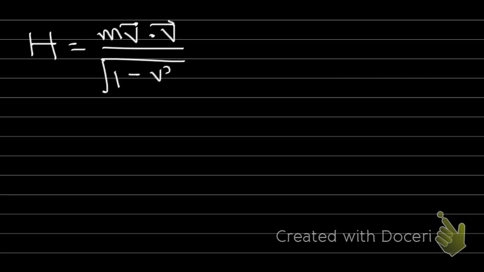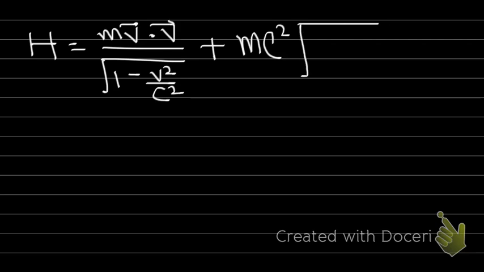The Hamiltonian is now written as mv dot v, which are vectors, over the root of 1 minus v squared over c squared, and the Lagrangian was negative mc squared times the root of 1 minus v squared over c squared.